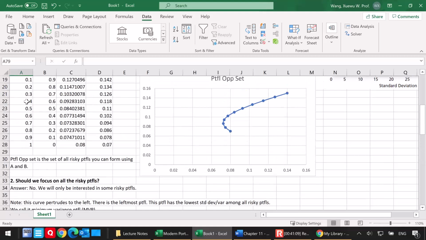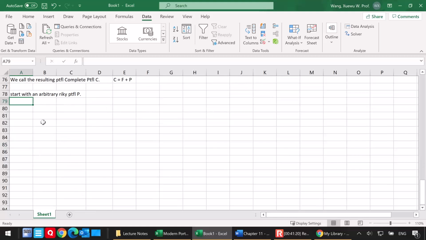It doesn't matter really, but I'm going to look at the 90% versus the 10%. So let's say the weight on A and the weight on B. And you have the risky portfolio P standard deviation and the risky portfolio P expected return, and based on this, we're going to form complete portfolios. So I'm going to look at the weight on A, and I just made an arbitrary pick.